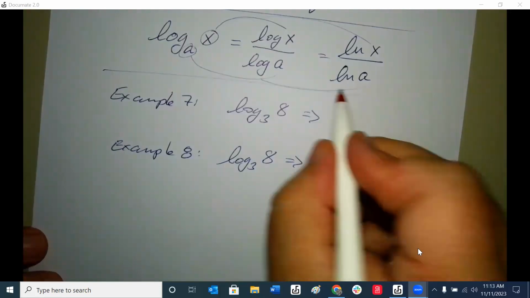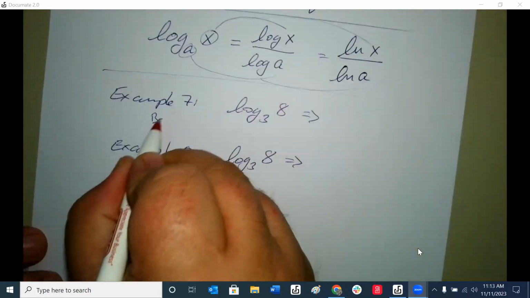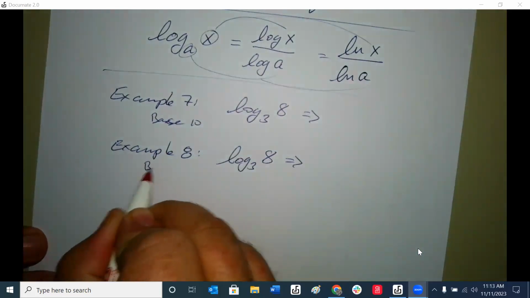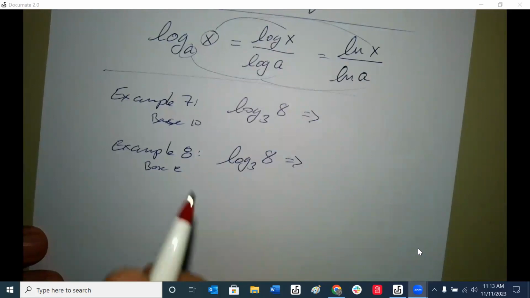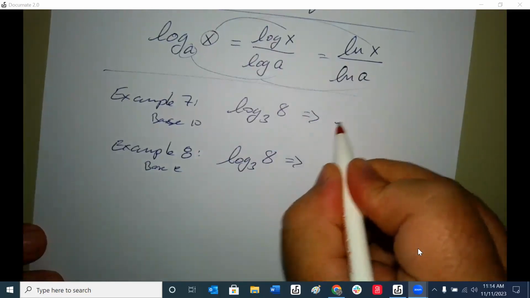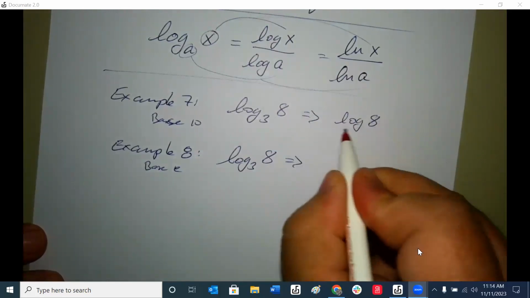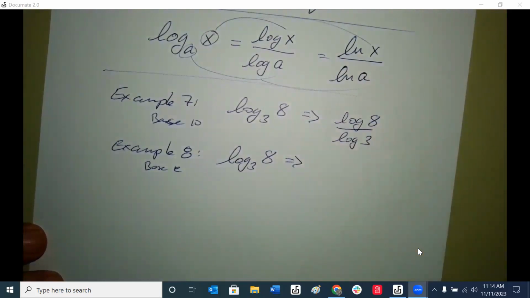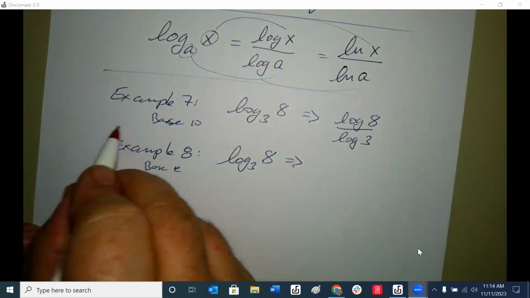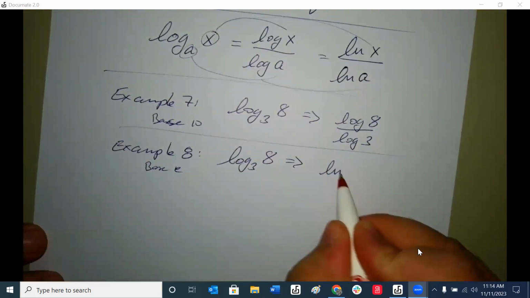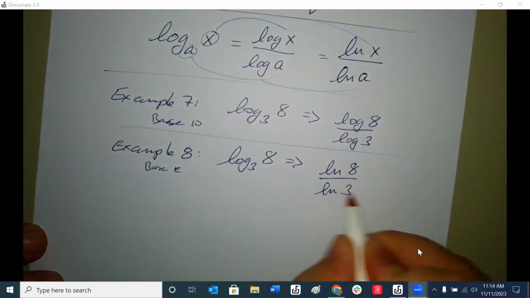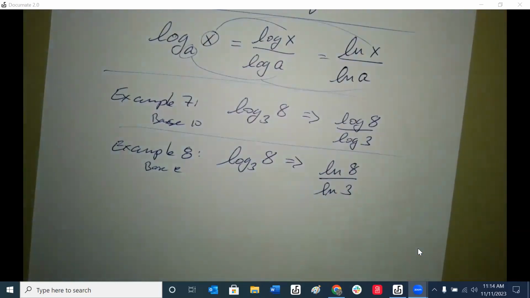But this one says use the base 10, and this one, use the base E. So this one is going to be log of 8 over log of 3. This one's going to be ln of 8 over ln of 3. That's all there is to it.